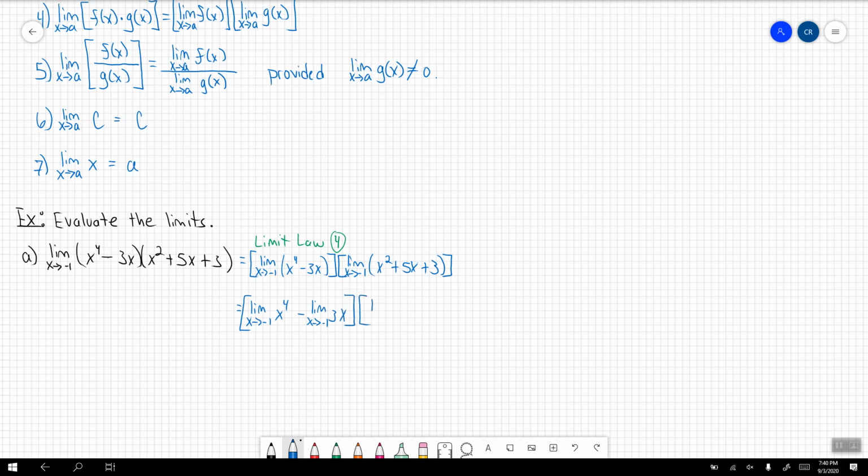And the same thing is happening to the second factor. And one more, limit as x is approaching -1 for 3. There we are. So again, what I'm applying here is limit law 1 and limit law 2.